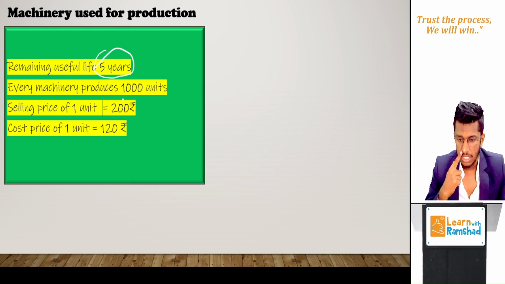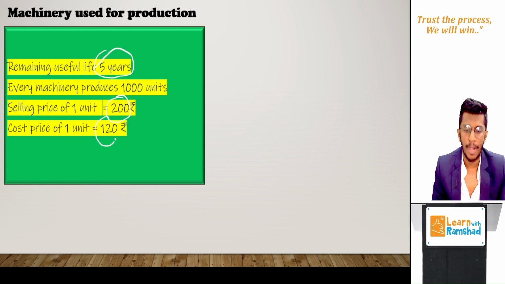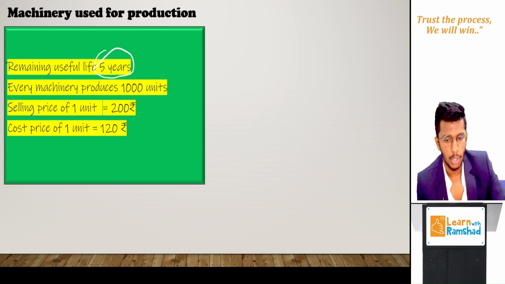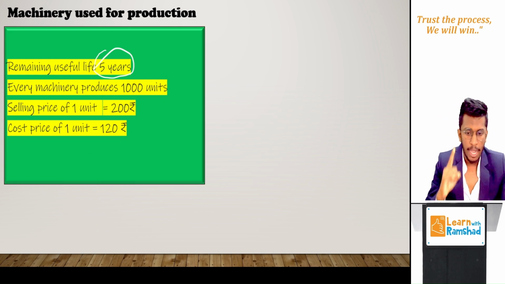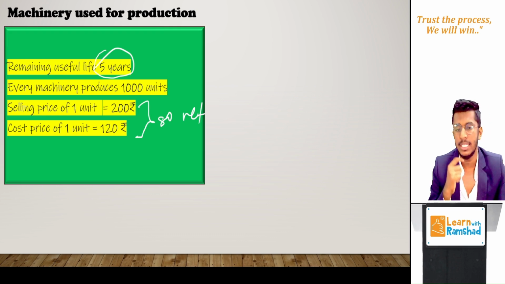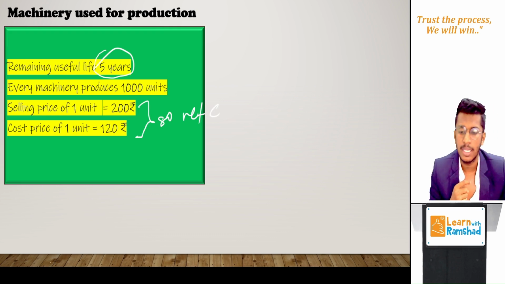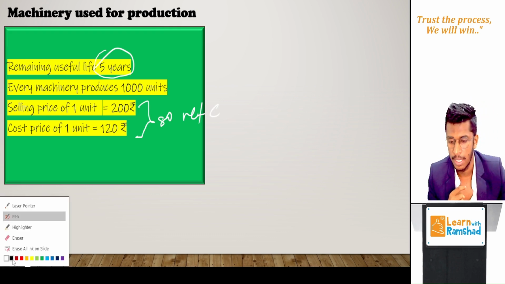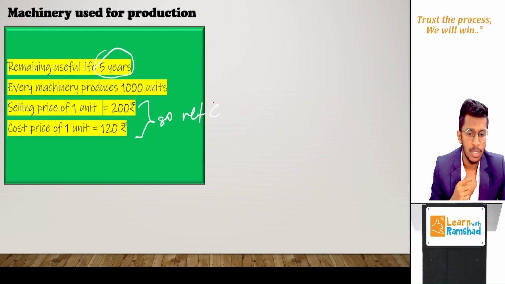So this 1 unit of output you can sell at a price of 200, and it has a cost price of 120. So for every one product you get a net cash flow of 80 rupees.